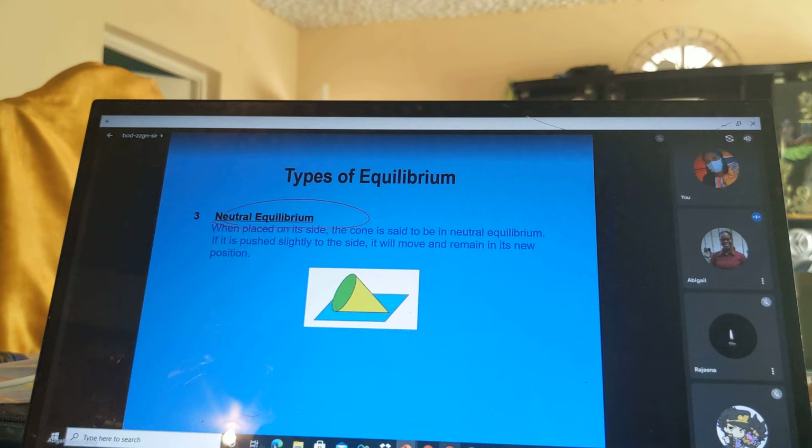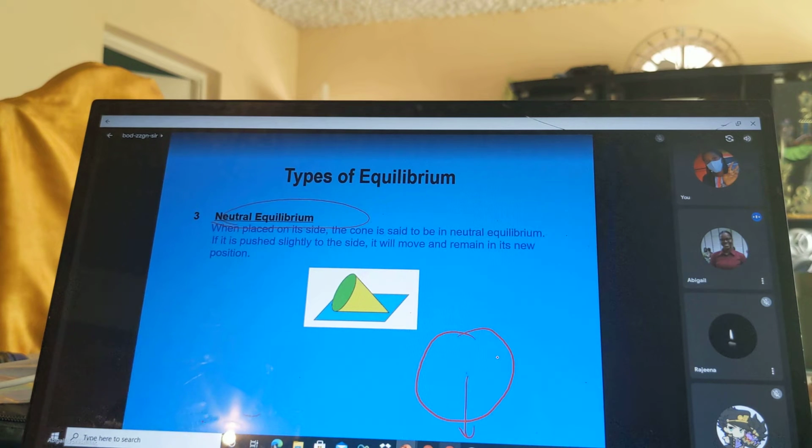For example, a ball. A ball is always round, so it's always of neutral equilibrium. When you roll it, it just rolls and then it stops. You don't have a particular side. The base is just always the base. The line of action of the weight always falls within the base. So if it is round, when you turn it, it's just going to move, and its line of action will always fall within the base.